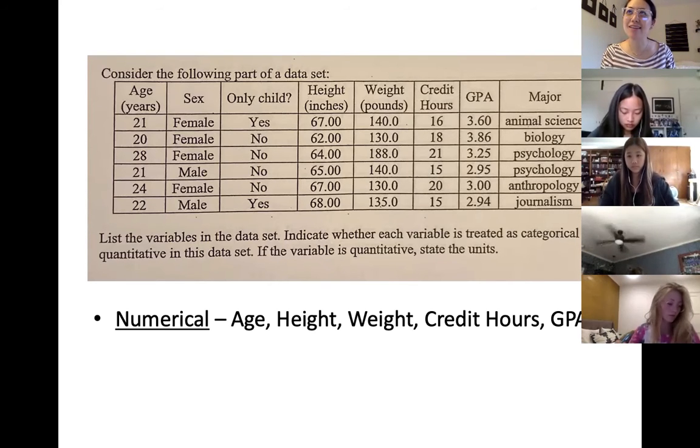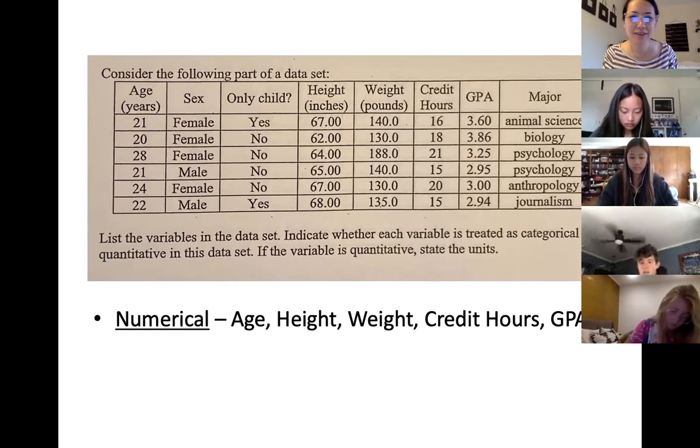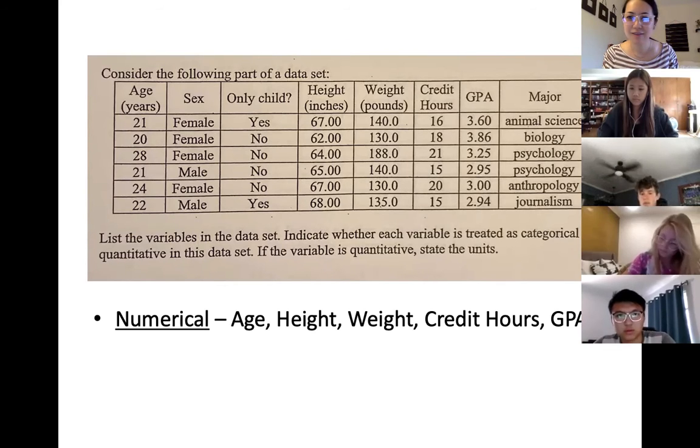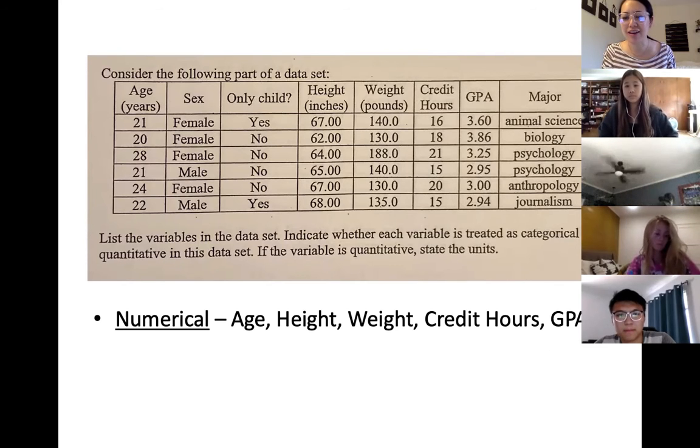What do you guys think about height? Discrete or continuous? In this one, I would say height might be more continuous, because I'm 5'2", but you can be 5'2" and a quarter, 5'2" and a third, 5'2" and a half.